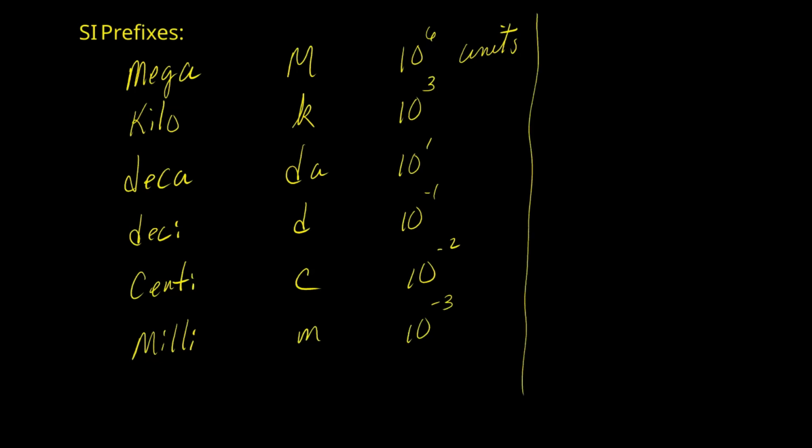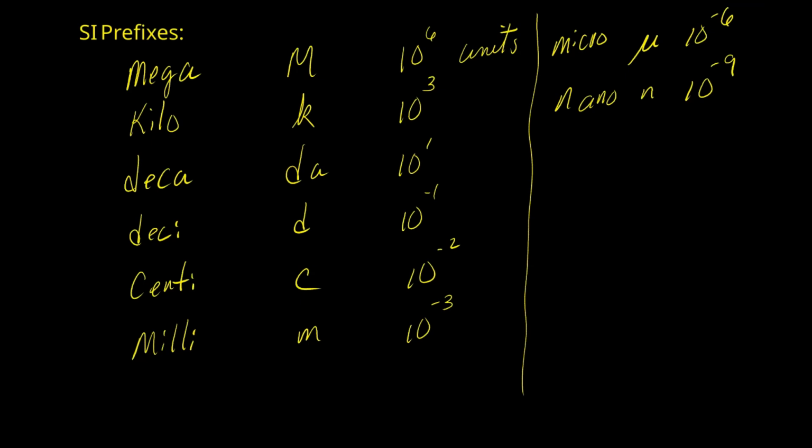Okay, I'm going to put the next one here. Micro, which is the Greek letter mu, which is 10 to the negative 6. And nano, lowercase n, 10 to the negative 9. These are the ones that you probably should know for general chemistry.